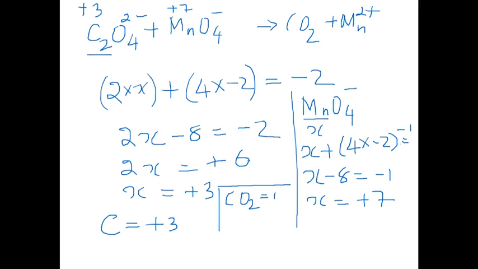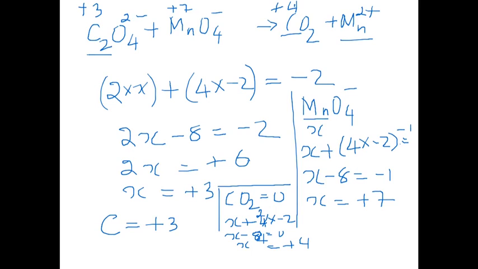In the product side, the oxidation number of carbon is going to be, let's look, CO2. The net charge is 0. X plus 2 times -2 is equal to 0. X minus 4 is equal to 0. So X is equal to plus 4. So you have oxidation number plus 4 for carbon in carbon dioxide, and manganese has an oxidation number of plus 2 in the product side.